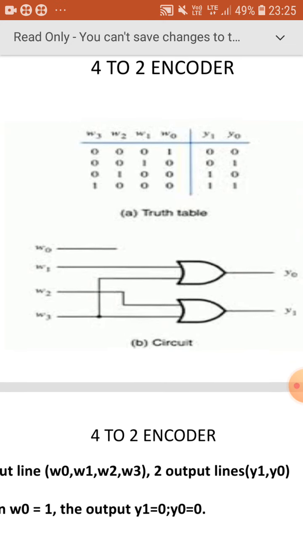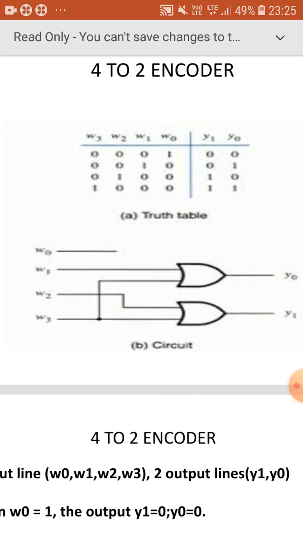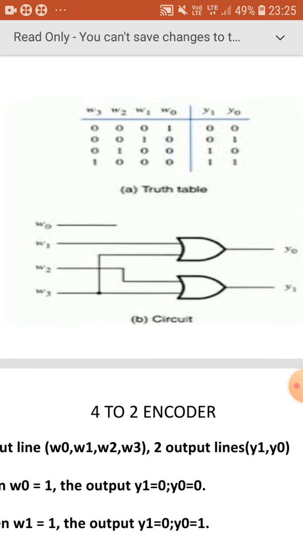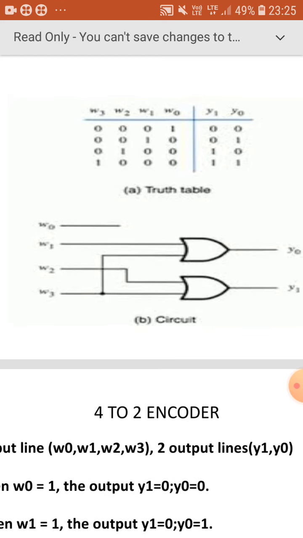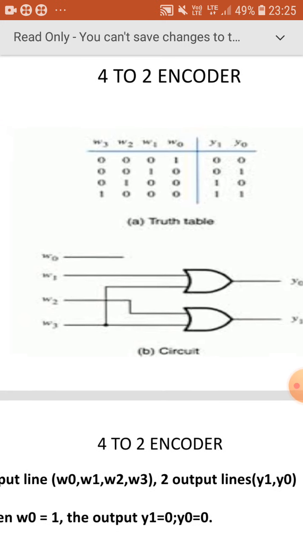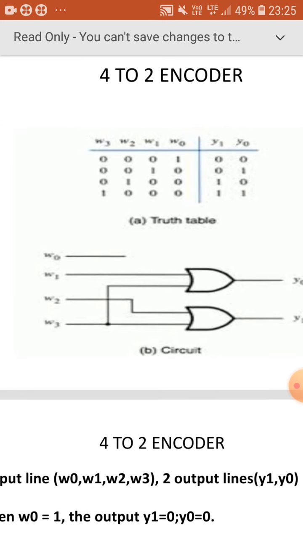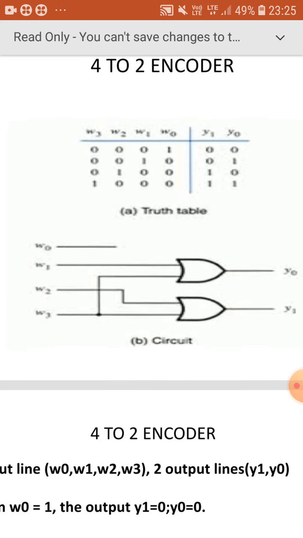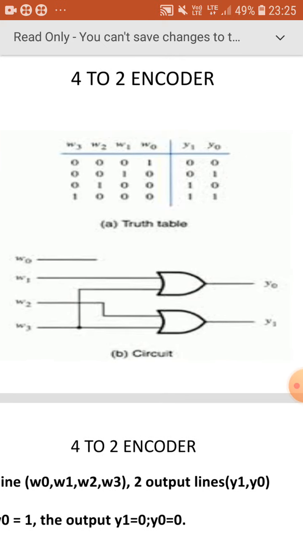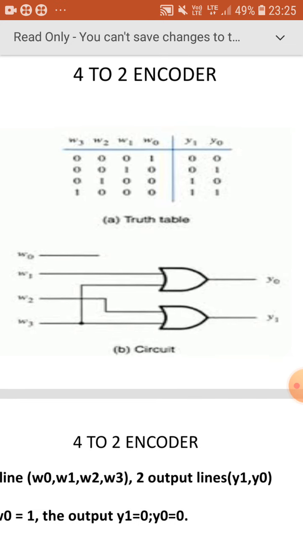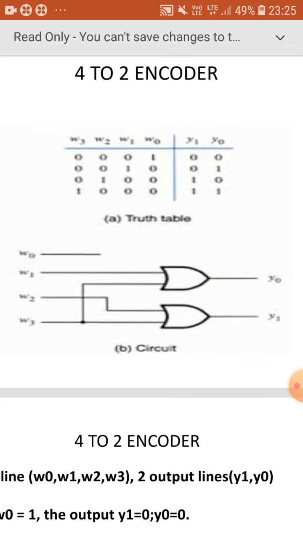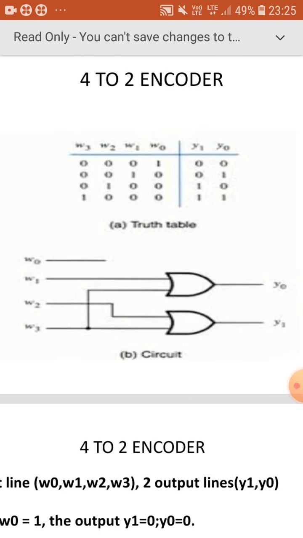Next I am applying second case. W3 is equal to 0, W2 is equal to 0, W1 is equal to 1, W0 is equal to 0. W1 is connected only with the first OR gate.